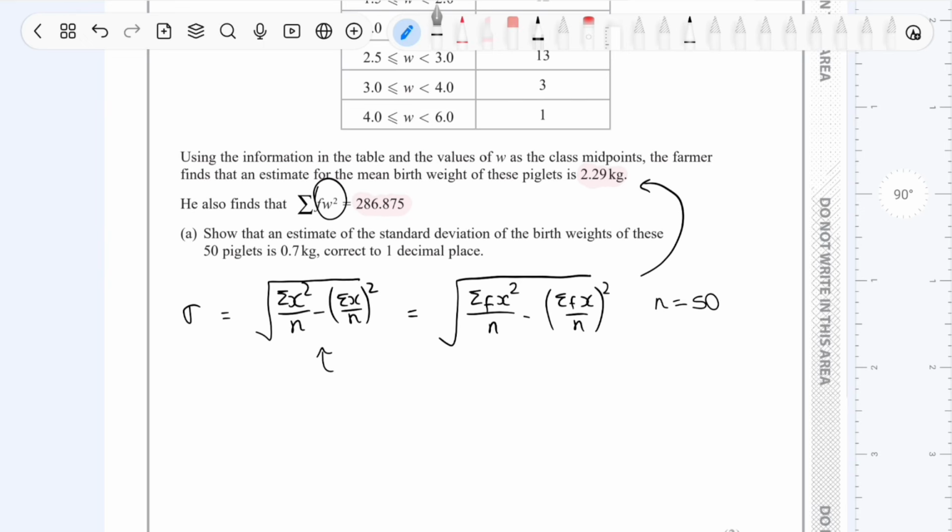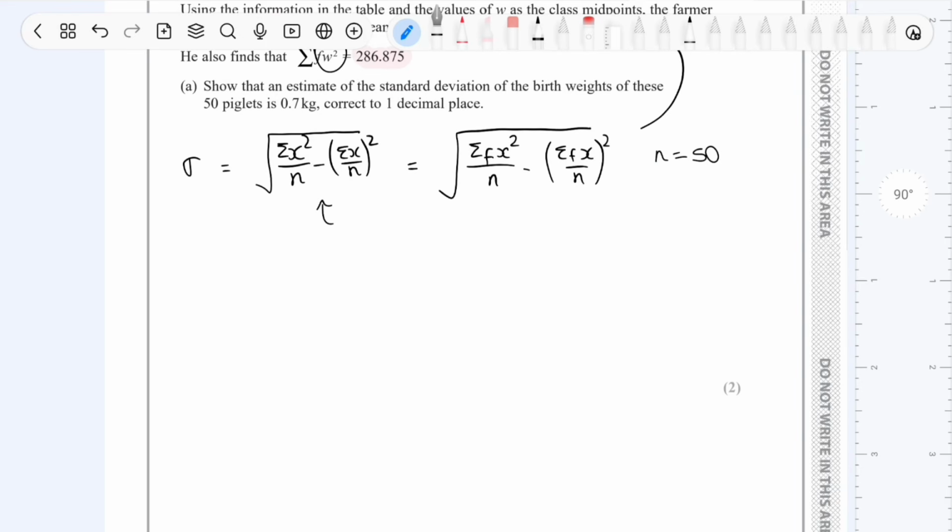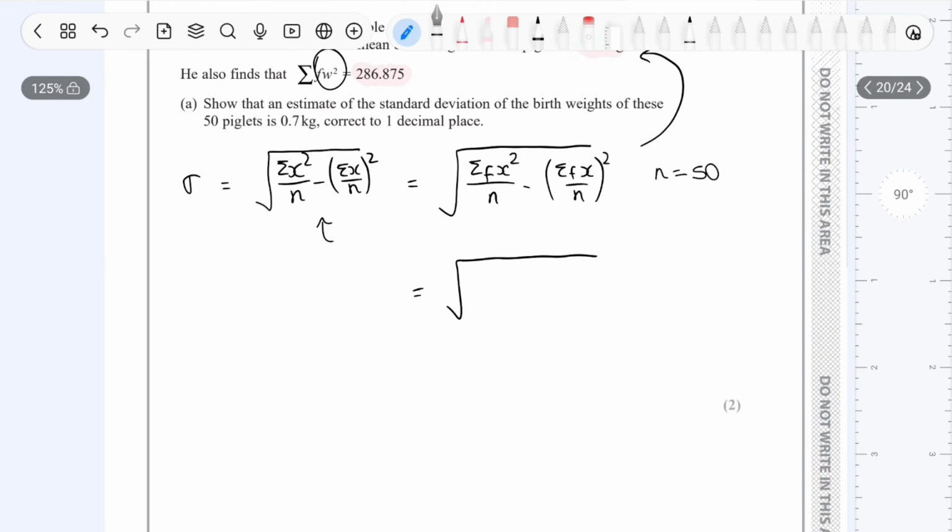From here, it's just a matter of plug and go. So I'm just going to substitute the values in. The sum of f x squared, or f w squared as it is in the question, is 286.875 over n, which is 50.